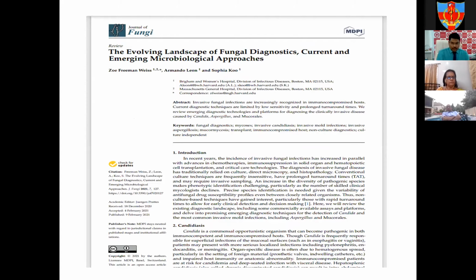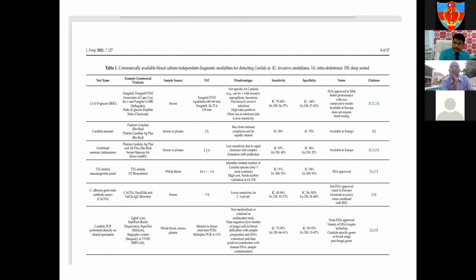So this article is as recent as 2020, and it tells us where we stand, what the landscape of fungal infections is, and what the approach in diagnosing them is. These are the list of tests that we have in current day, ranging from 1,3-beta-D glucan.